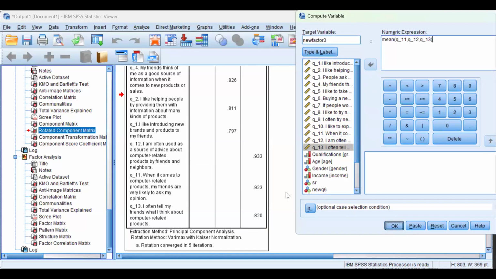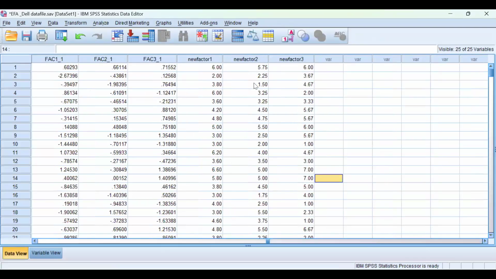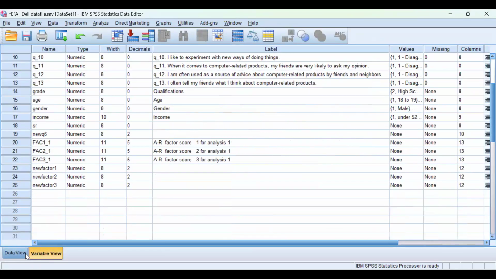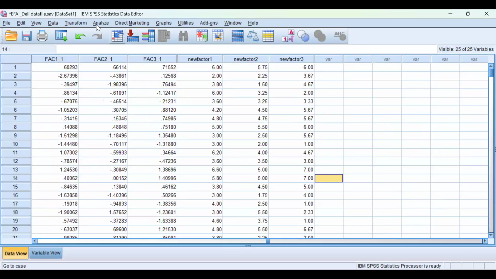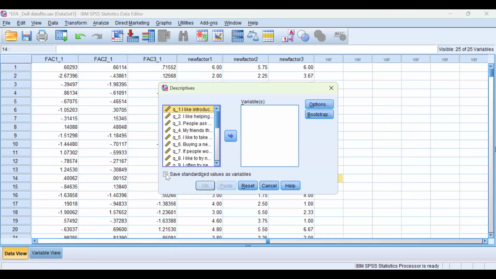And we say okay. So now if I show you, can you see here? New factor 1, 2, 3 are here. Right? So in the variable view also, I can show you these are here. So what you can do is, you go to analyze, you go to descriptives, save standardized values.